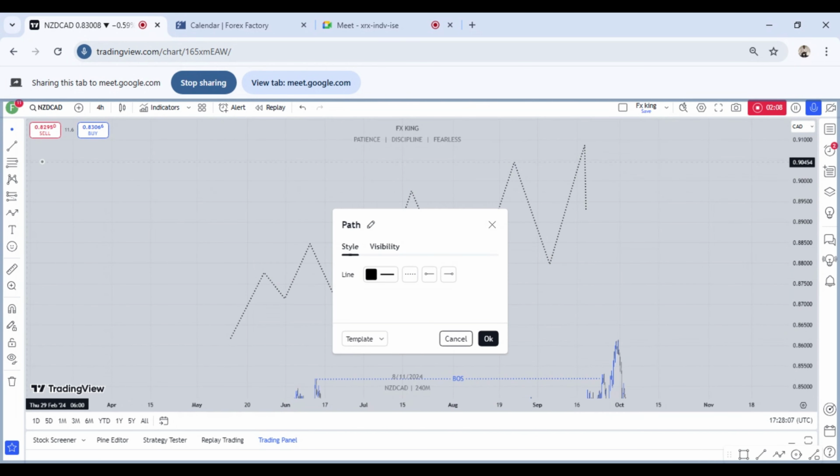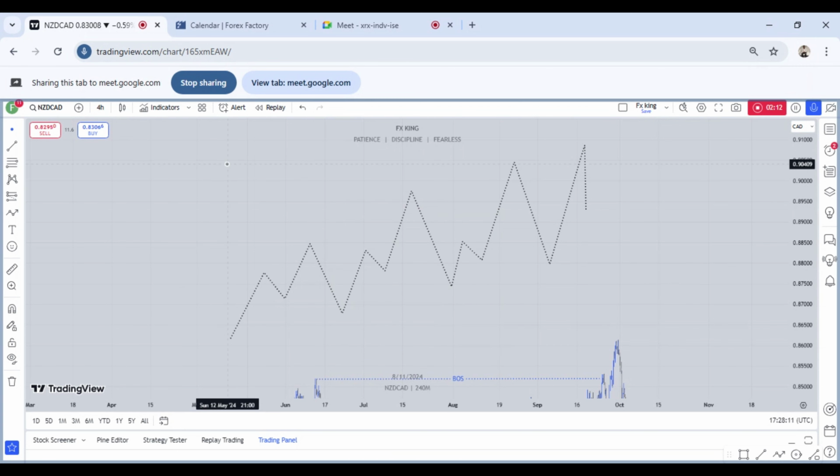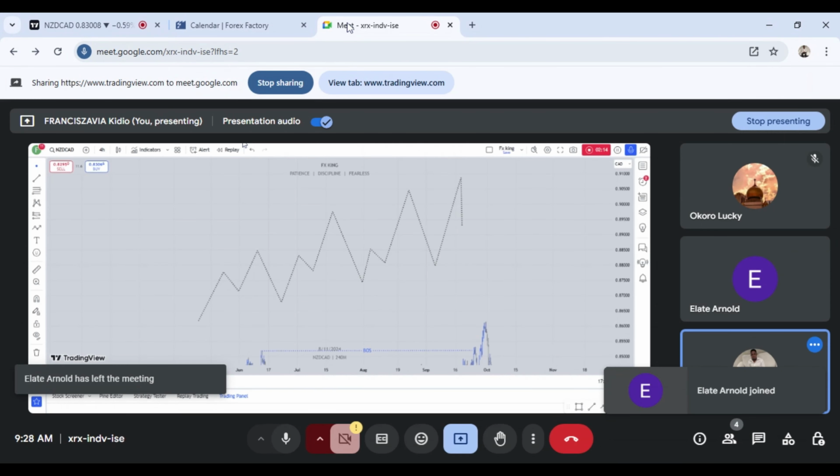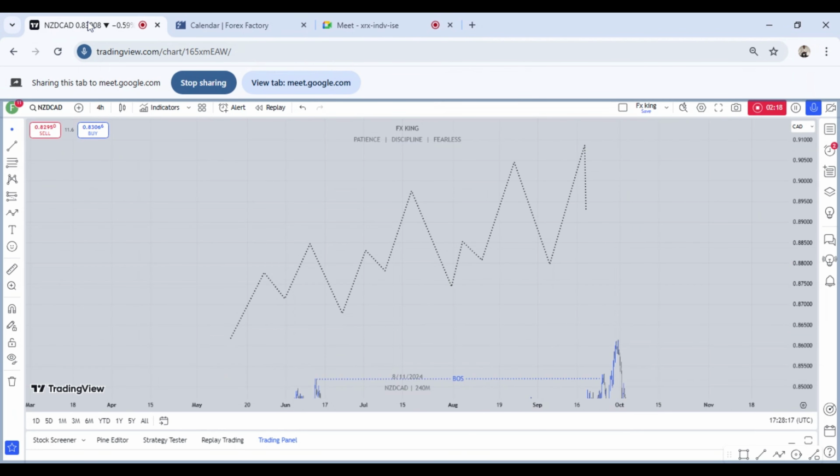So if we are supposed to mark this out using what I already taught you, let me see who wants to join. Oh, okay. If we want to mark out our break of structure and this structure in this case, using what I taught you, we know that at this level here we do have this break of structure.